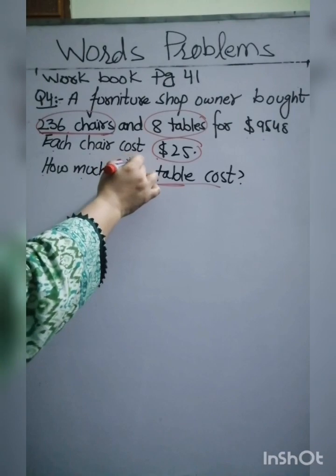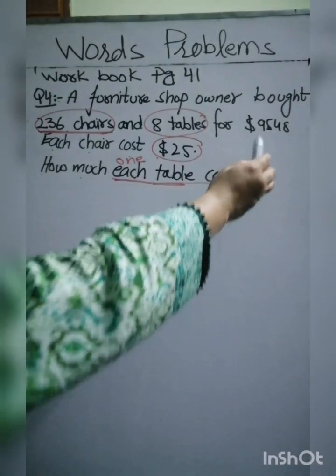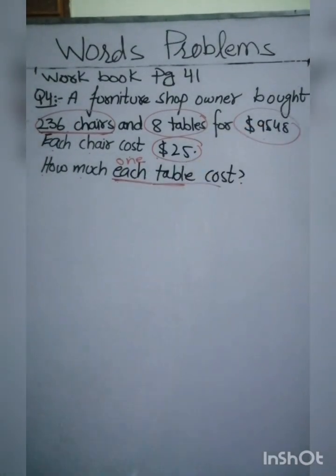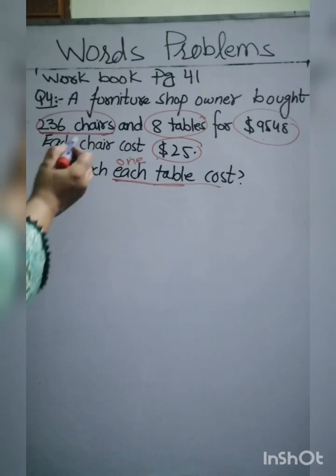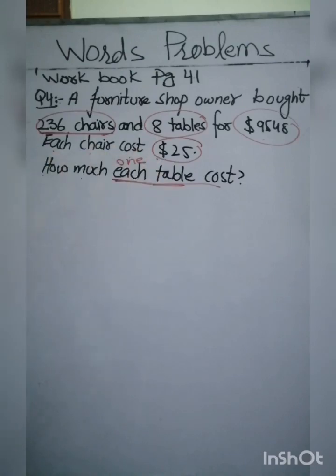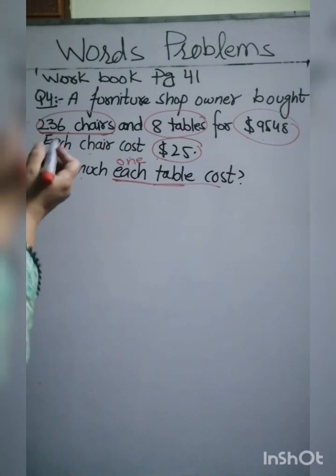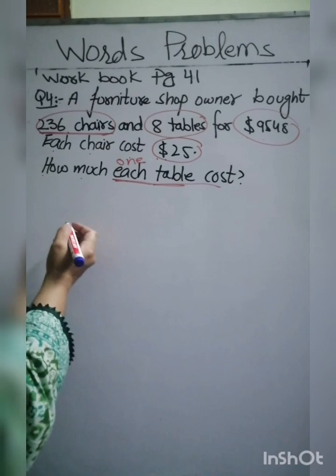Each table cost means we finally find out one table cost. And they also gave us the total amount. First of all, we multiply the number of chairs with the cost of one chair. Then we get the answer of how much cost of 236 chairs. We start our question.